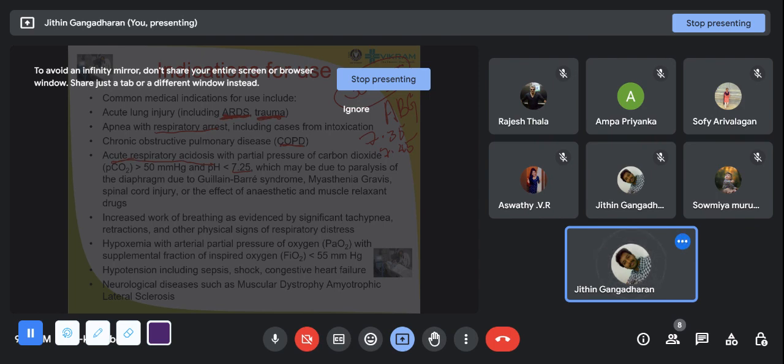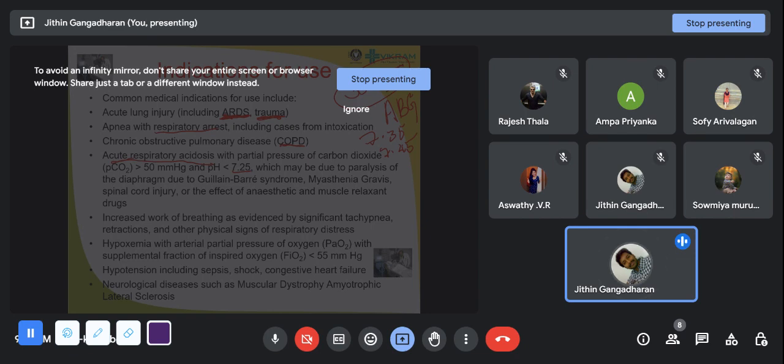The point which we are checking is the carbon dioxide. If there is a carbon dioxide change, we can call it the respiratory portion. So respiratory acidosis.